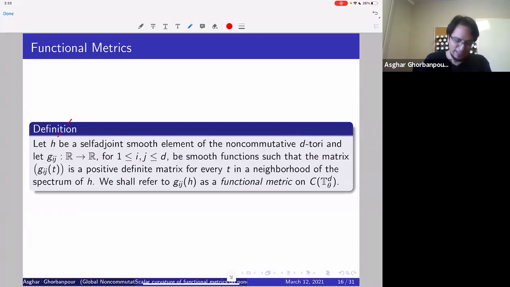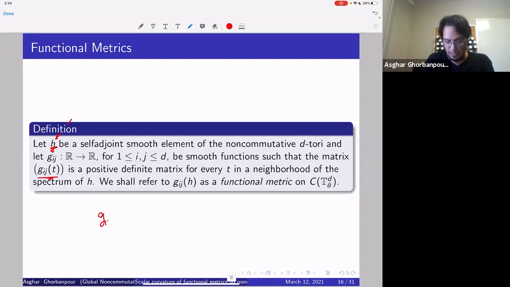The definition will make more sense if all the entries of our matrix are functions of the same element. So we fix a self-adjoint element in the noncommutative d-tori, and then we have a metric of this form.